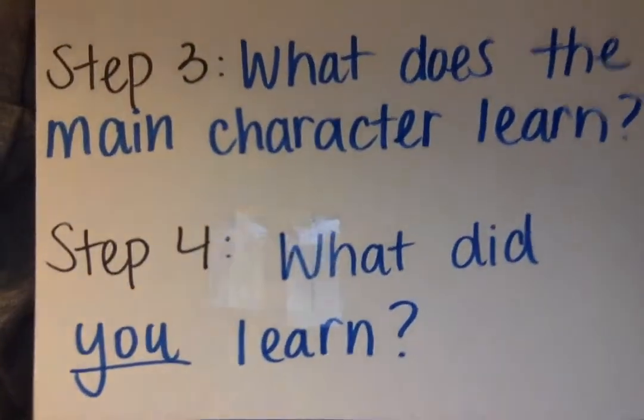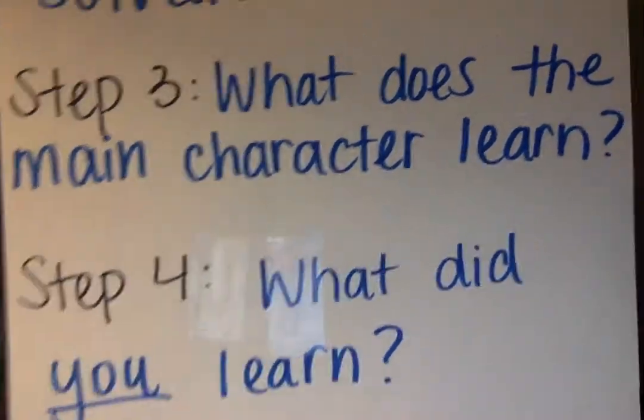They should be helping each other. So, moving into step 4, what did you learn? What I learned reading this text is that it's important to help one another even in hard times. I just put that together and thought of a lesson that I could use in my everyday life.